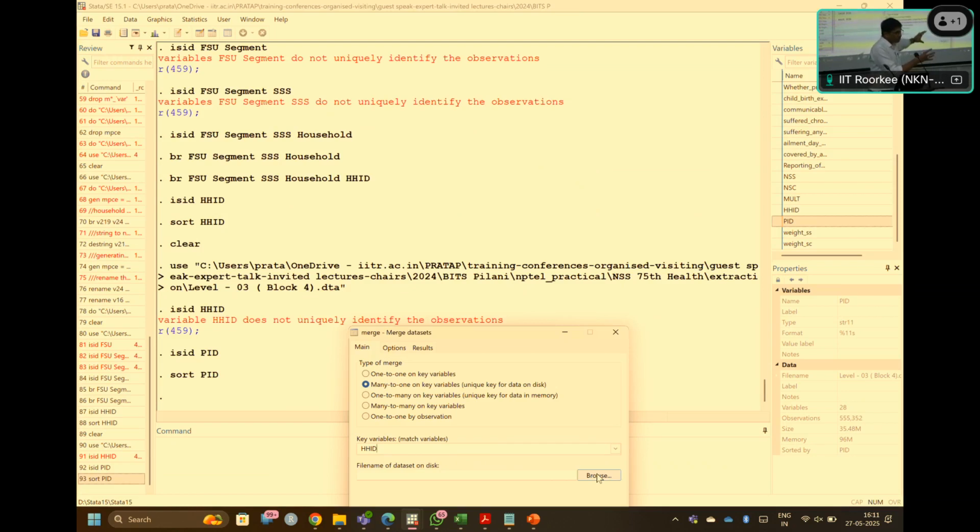So observation wise it's not going to increase because all the individuals are here. We are just going to take those individuals by their household. So the household profile will be added to the individuals. Got it? Hence, the observations which we have here, 5,55,352, are not going to increase. Variables will be more because we'll be adding household level variables.